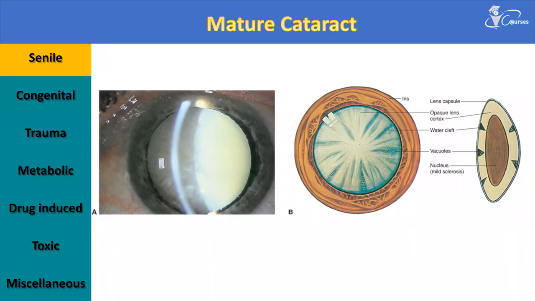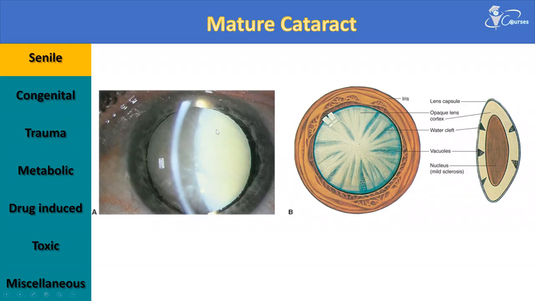In mature cataract, the lens becomes whitish and absorbs water. The lens absorbs the water, becoming swollen and enlarged. Sometimes we call it an intumescent cortical cataract. This can result in some challenges in surgery, and this swollen cataract will also push the iris in front of the angle, leading to what's called phacomorphic glaucoma.